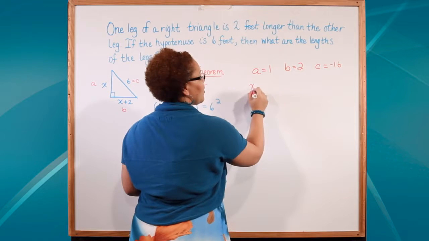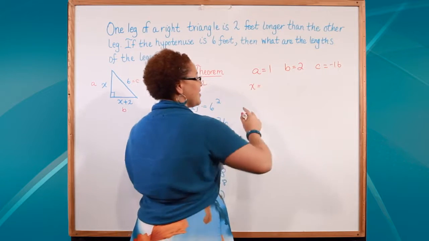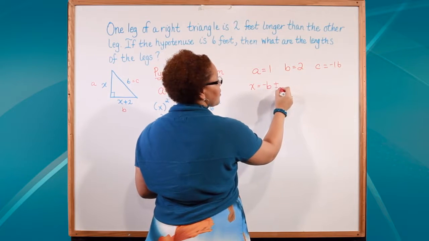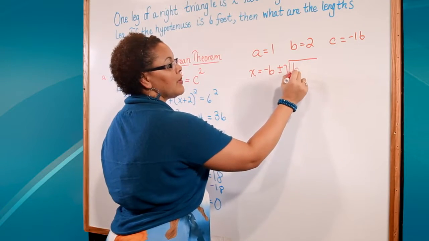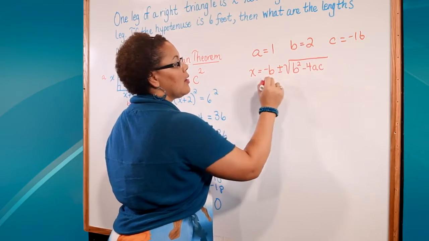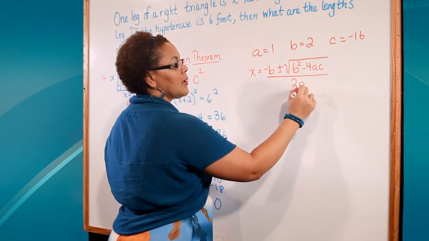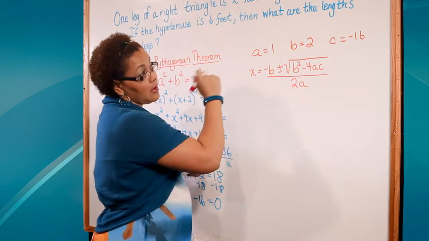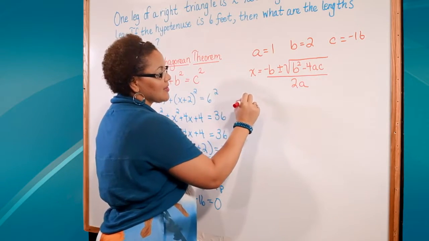And the quadratic formula says that x is the opposite of b plus or minus the square root of b squared minus 4 times a times c all over 2 times a.